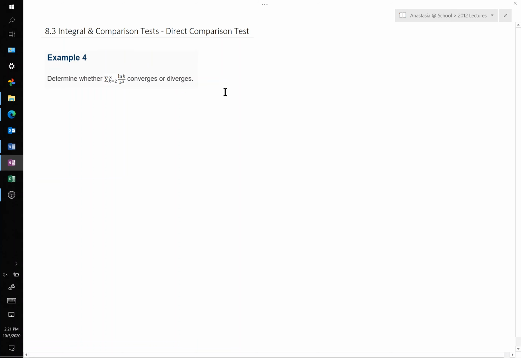So we are using the direct comparison test, which means that we need to come up with a comparison series bk, and we need to establish some sort of relationship between bk and ak, where ak is how the terms of our original series are written.